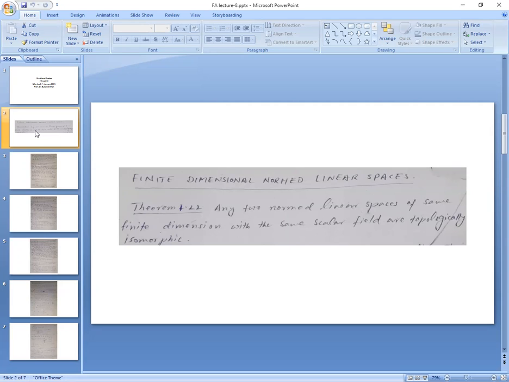If you are interested in the proof, you can see any book on functional analysis, under the topic of finite dimensional normed spaces. It is a very important result and has many applications, as you will see later.